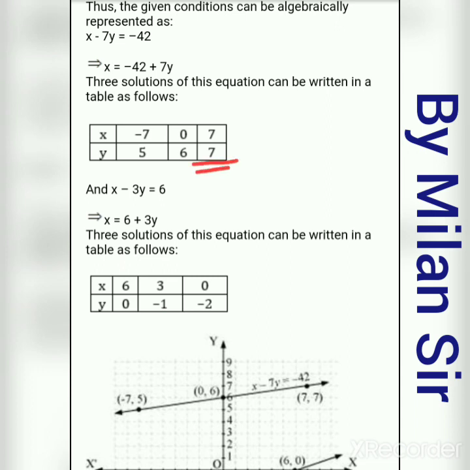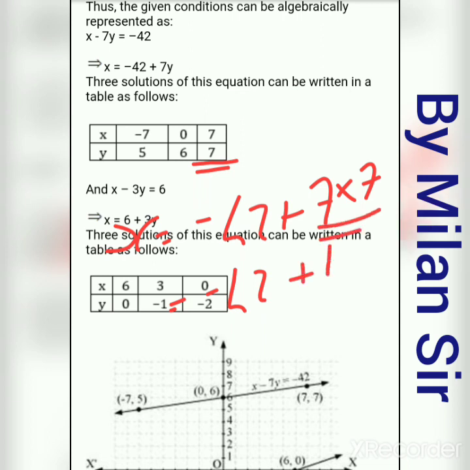Here y is equal to 7. So put this value: minus 42 plus 7 multiplied by 7. So 7 sevens are 49, plus 49 minus 42 is 7, and the bigger number's sign is plus. So here x is equal to 7. Okay, so our 3 points are ready.